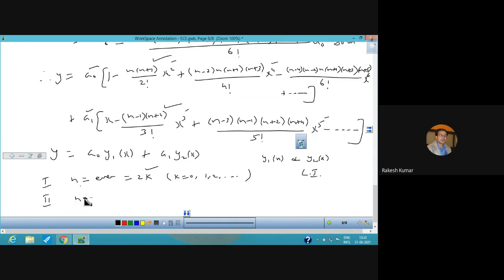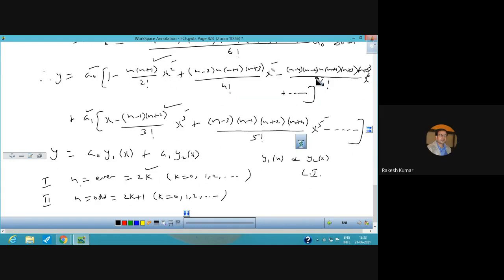And similarly, in case number 2, when n is odd, odd can be taken as 2k plus 1. So k is 0, 1, 2. In this case, vice versa हो जाएगा. The first series will terminate.